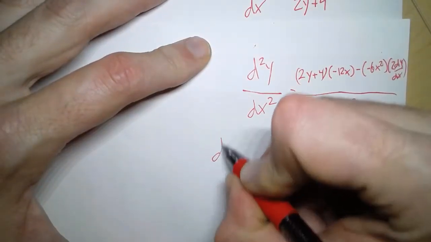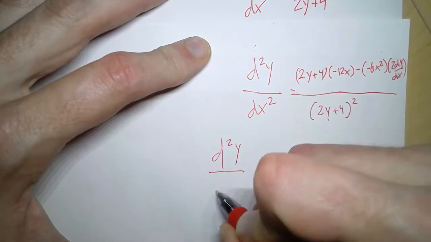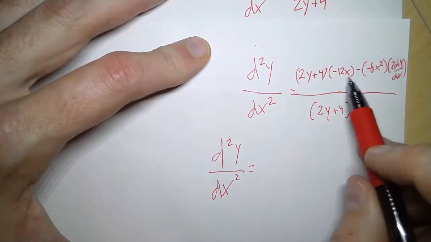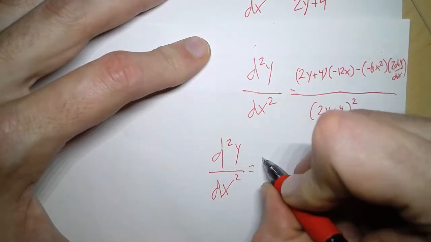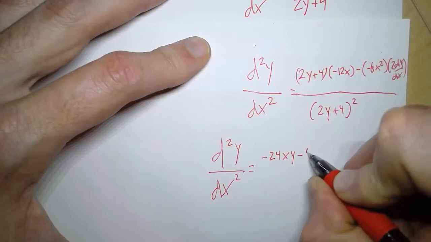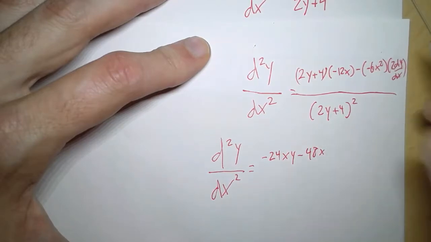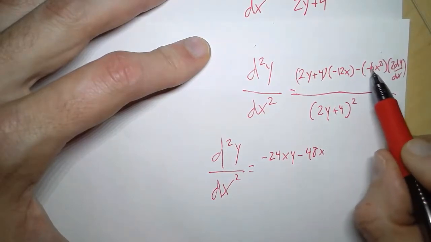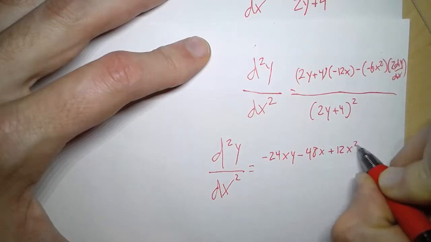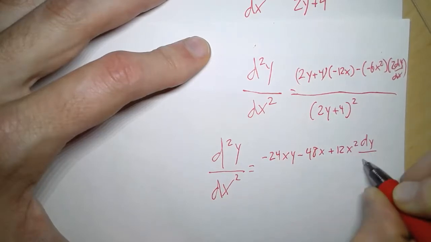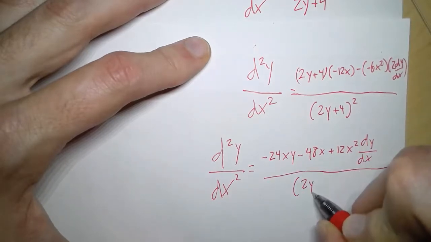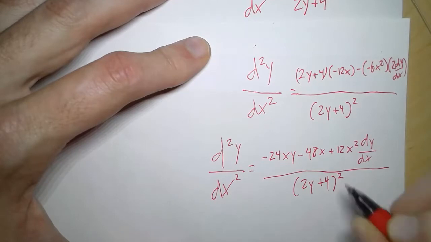So let's give myself some room. d2y over dx squared. So when we multiply this out, we get negative 24xy minus 48x. Here, the two negatives cancel, so it's plus 12x squared dy dx, all over 2y plus 4 quantity squared.